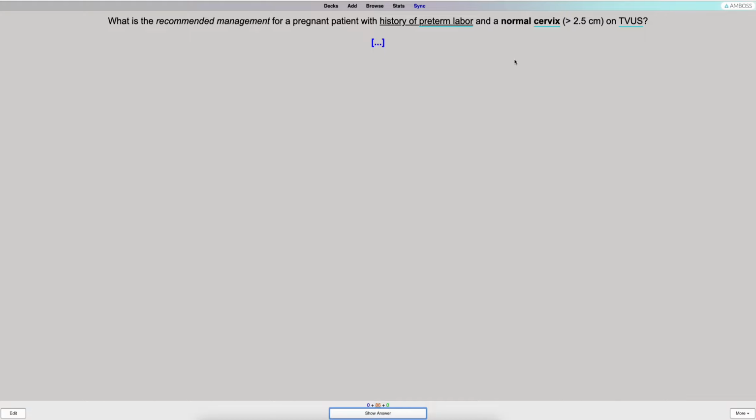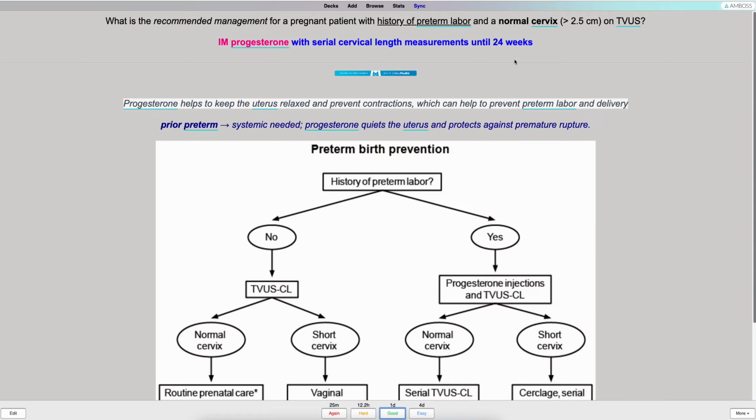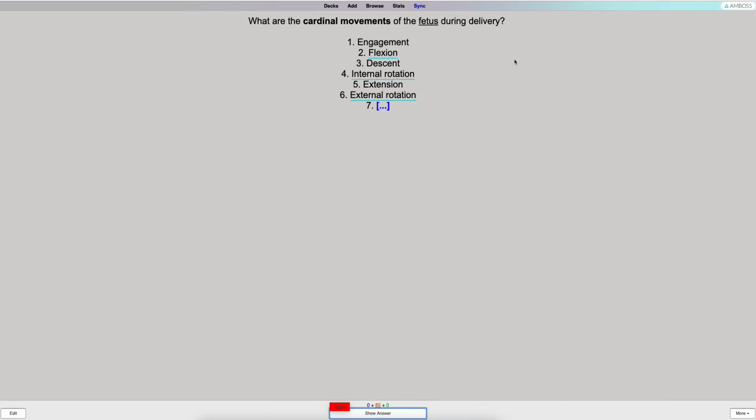Recommended management of a pregnant patient with a history of preterm labor and short cervix. Cardinal movements of the fetus: engagement, flexion, descent, expulsion.